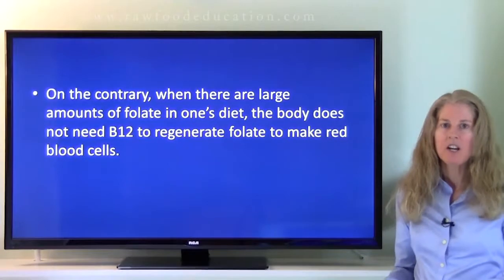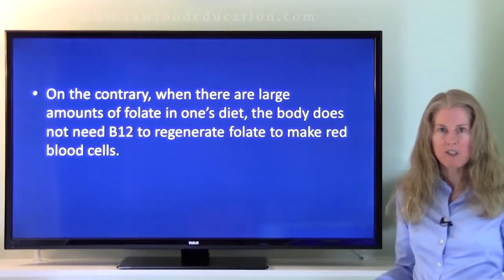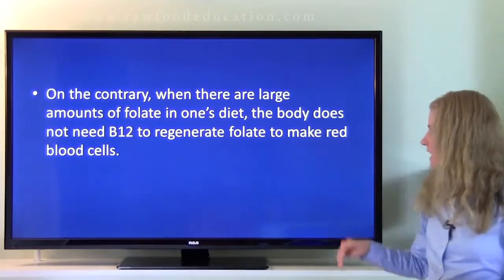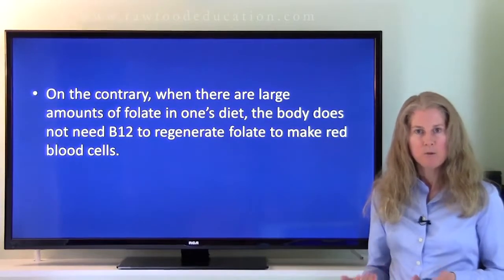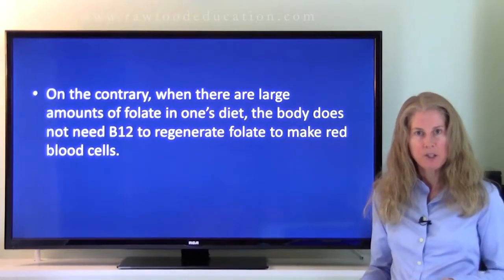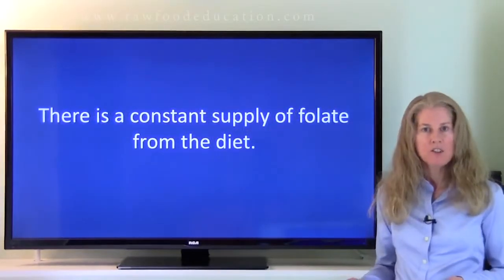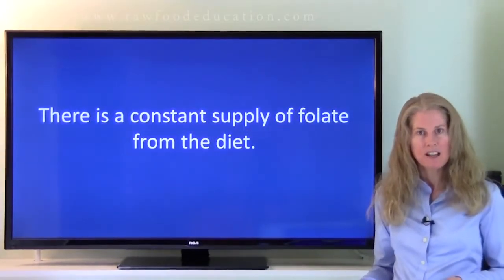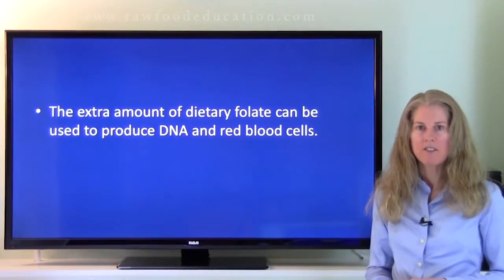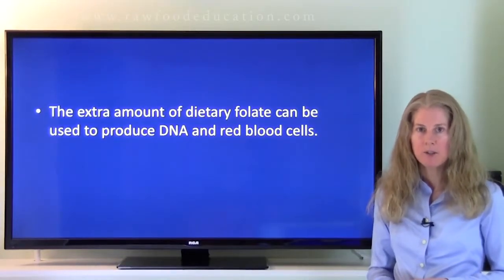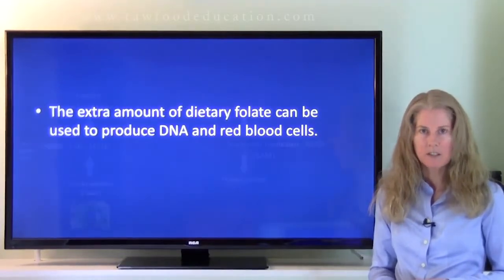On the contrary, when there's large amounts of folate in one's diet, the body doesn't need vitamin B12 to regenerate folate in order to make more red blood cells. In this situation, there's a constant supply of folate from the diet. This extra amount of dietary folate can be used to produce DNA and red blood cells.